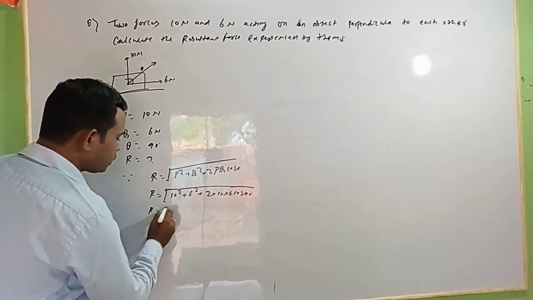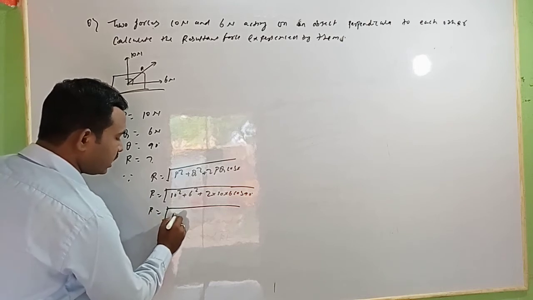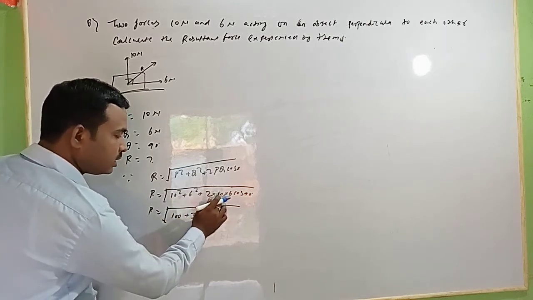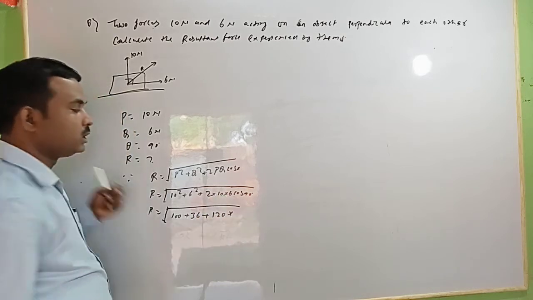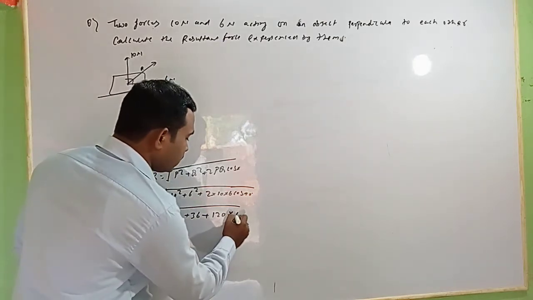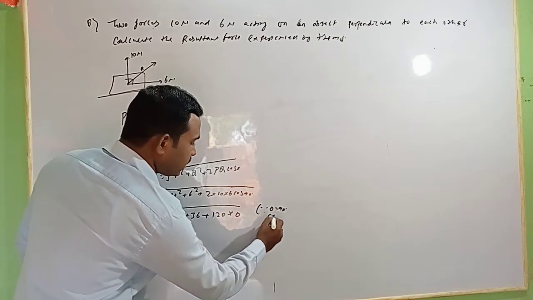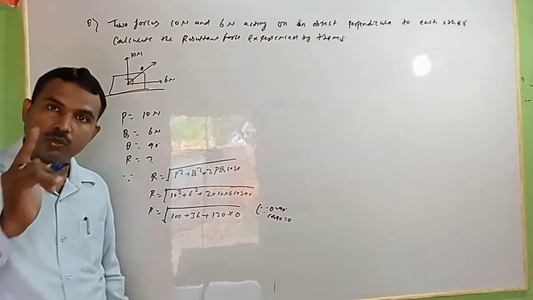Very good. So R is equal to what will you write here? 100 plus 36 plus 120 into cos 90. What is cos 90? It is 0. Very good. Since theta is equal to 90 degrees, cos 90 is equal to 0.